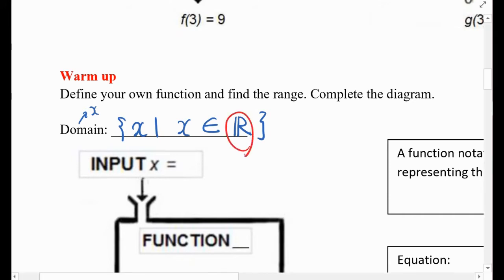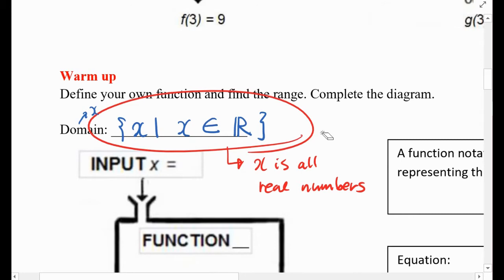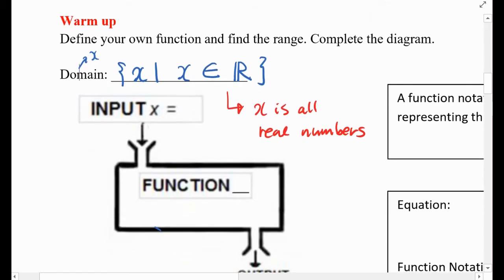This is the real number set, so you use a double line for R. This means all real numbers, and this means x is in all real numbers. Remember the meaning, because you're going to use this notation again and again. So memorize this notation.